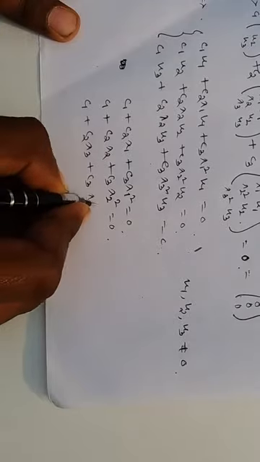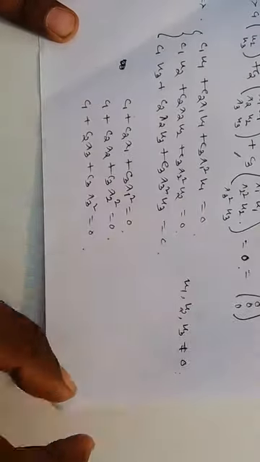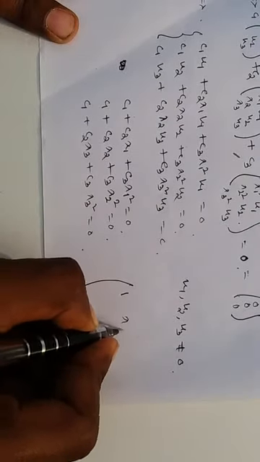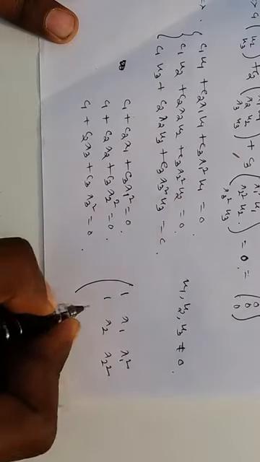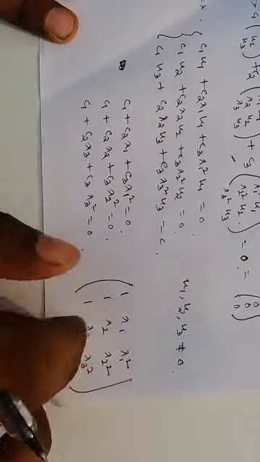And from here we find the coefficient matrix with rows 1, lambda 1, lambda 1 squared; 1, lambda 2, lambda 2 squared; 1, lambda 3, lambda 3 squared. Now we find the determinant of this matrix.